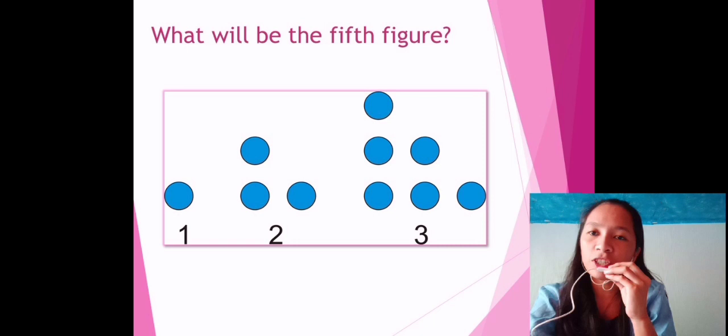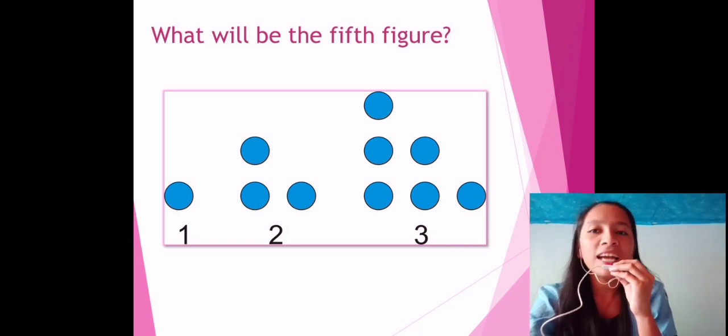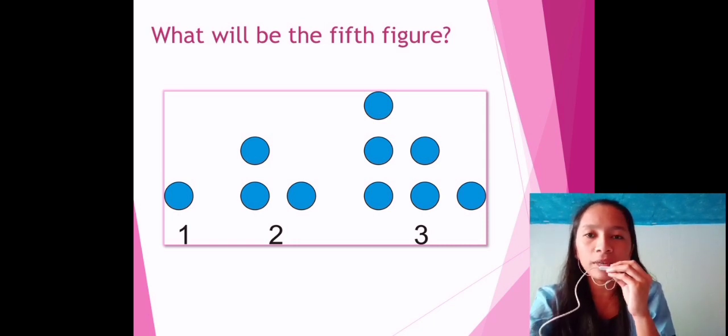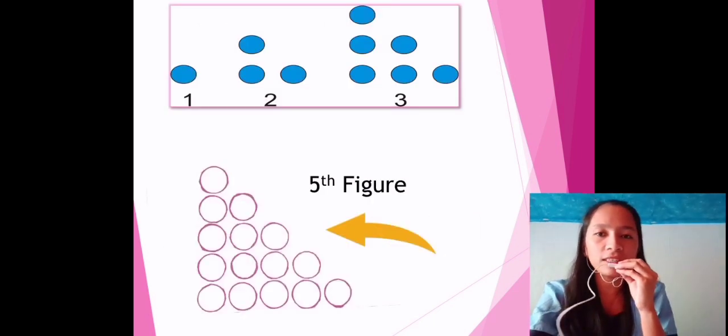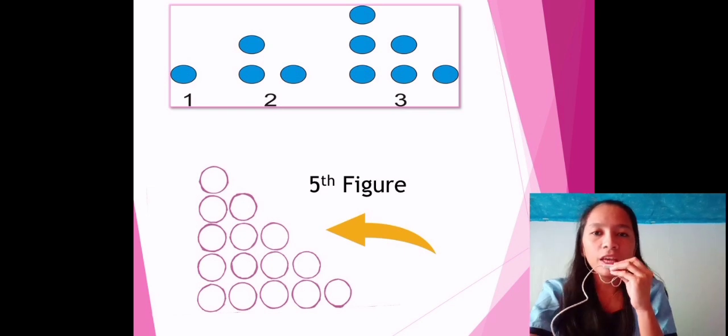Ang magiging observation natin dyan, sa fourth figure, dadagdagan lang siya ng 4 na circles sa left side, which is magiging 10 na yung ating magiging circles. And then, sa fifth figure niya, magiging ganito na siya. Dinagdagan lang siya ng 5 circles dun sa kanyang left side. And with that, makakabuo tayo ng 15 circles sa fifth figure.